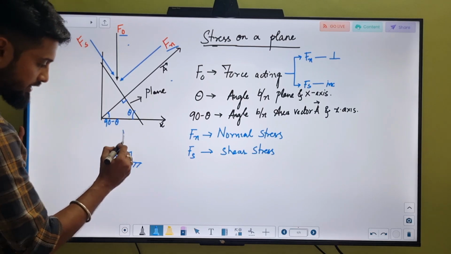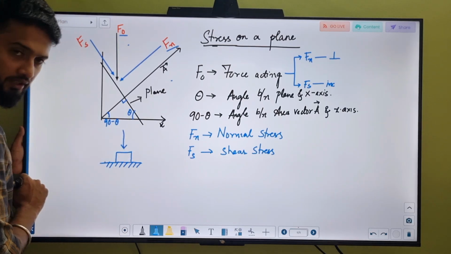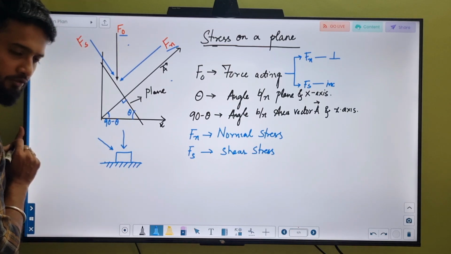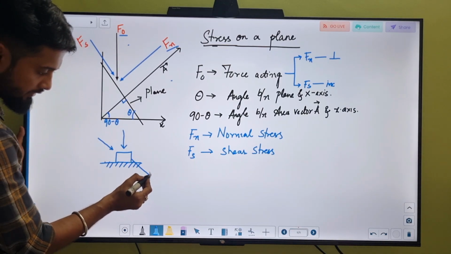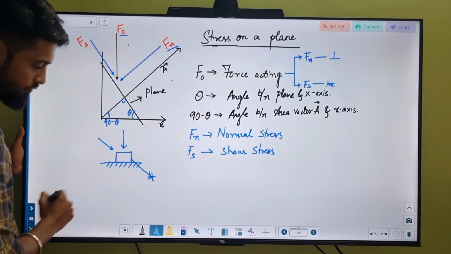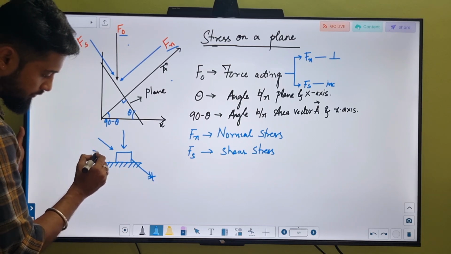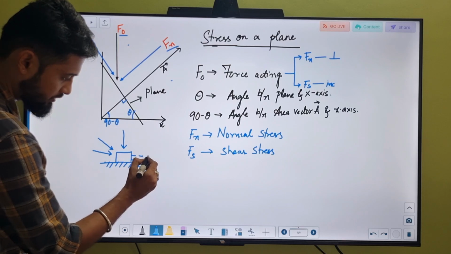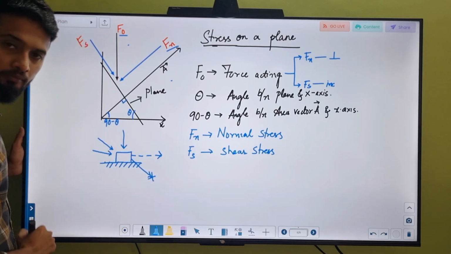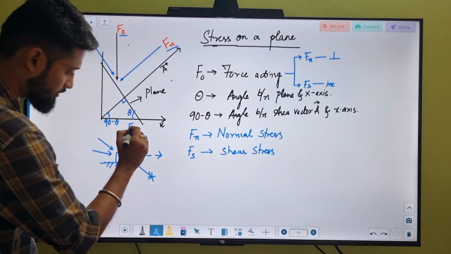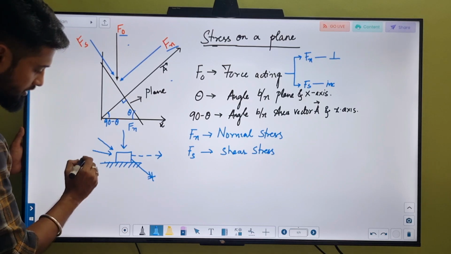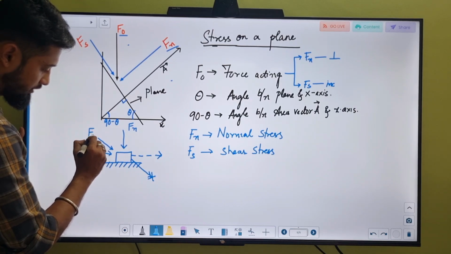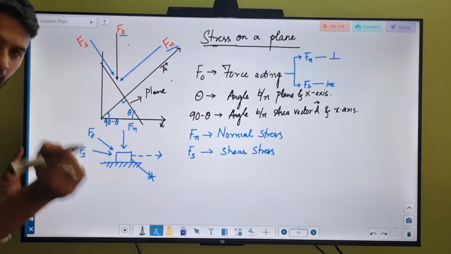For that we need one pressure like this. I am trying to move in this manner, so it can't go like this, right? So there's one more force acting at this angle, so that it tends to move. So this becomes the normal stress and this becomes the shear stress, and this is the stress which we are applying.